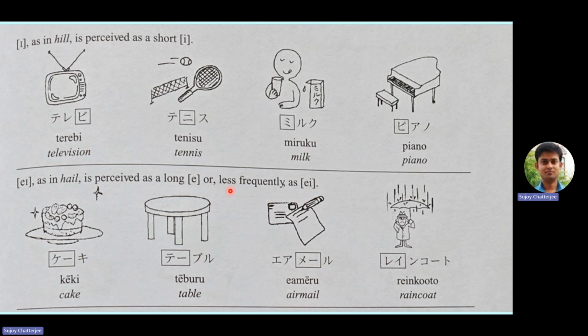As mentioned here, a long E or less frequently as A. So it can be E followed by a horizontal line, or E followed by an E sound. So here rain. If we put a horizontal bar after re, then it becomes rein koto. But it's not the case. It has to be rain koto. That's why it's written with E instead of a long E.